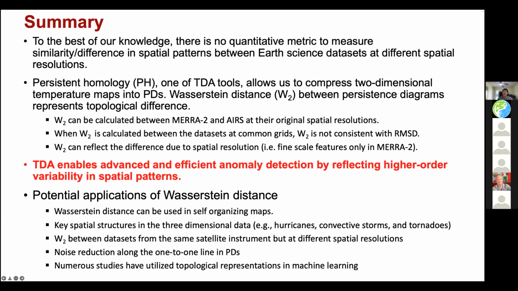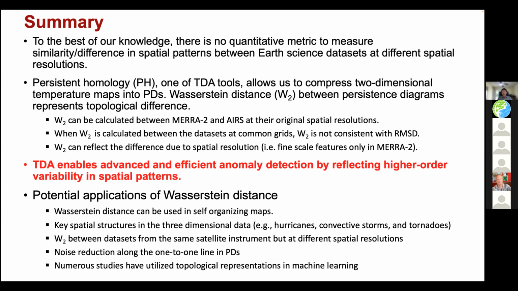And in their application of self-organizing maps, they tried to find some large-scale weather patterns associated with some extreme weather events at the surface.